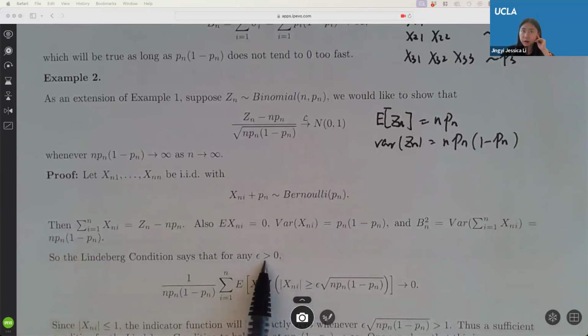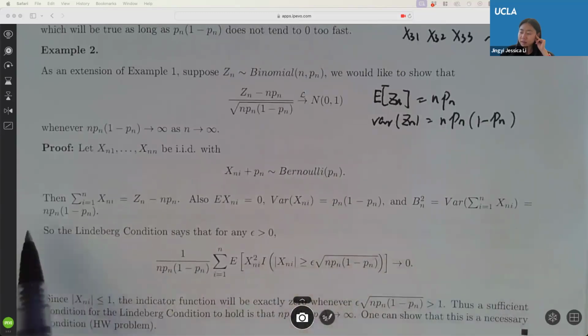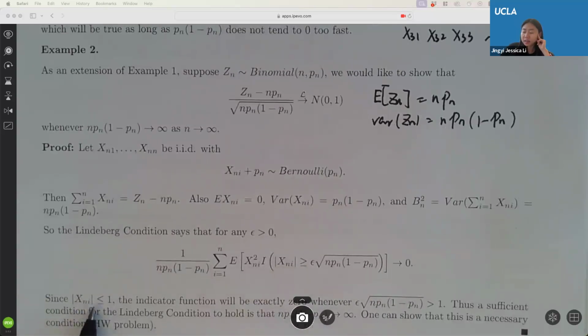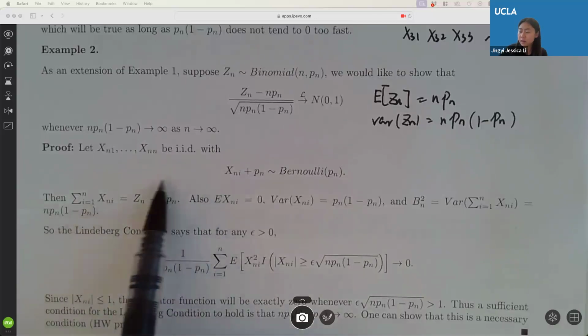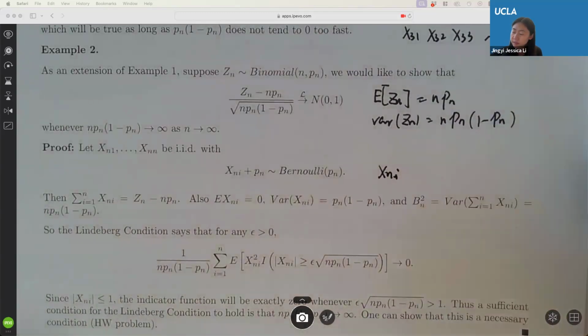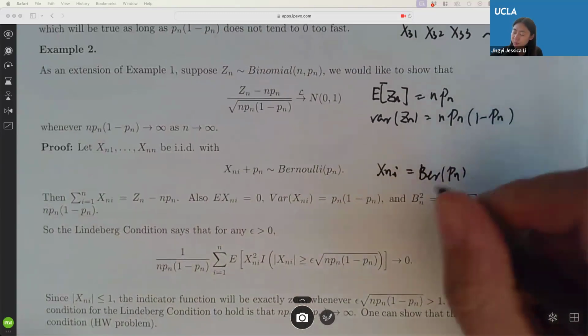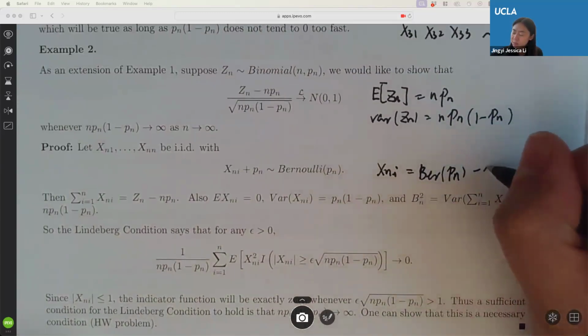For any epsilon greater than 0, this is 1 over Bn squared, times the sum of the expectation of xni squared, with the indicator that the absolute value of xni is greater than epsilon times Bn, where Bn is the square root of Bn squared, going down to 0. Okay, since xni in this case is bounded by 1, because xni is equal to this Bernoulli minus pn, it is either 0 minus pn or 1 minus pn.